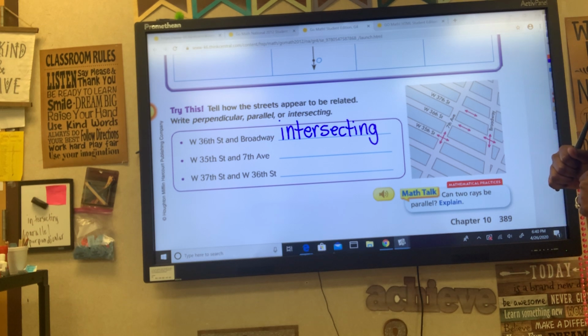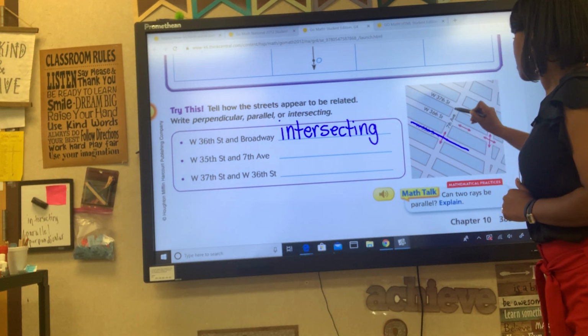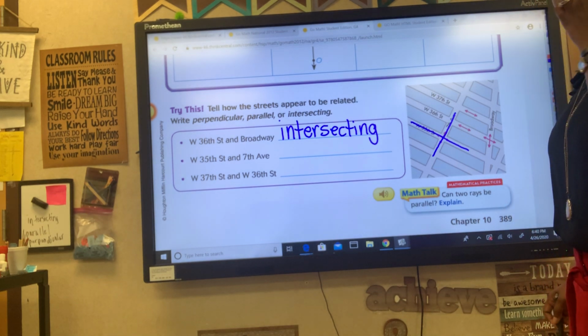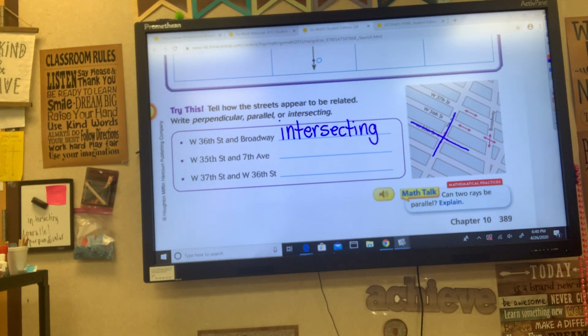Then I want you to take a close look at West 35th Street and 7th Avenue. Think about what you notice.